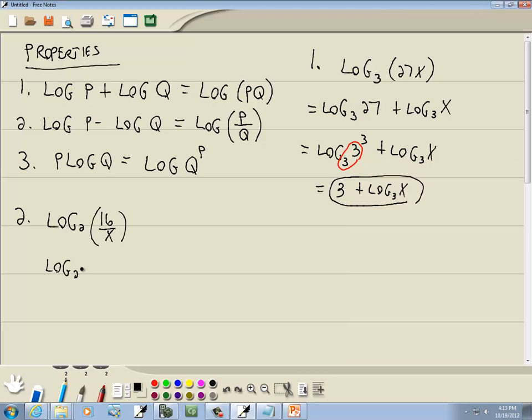So this becomes log of 16 minus log of x. We do have a number, and our base is 2, so we try to rewrite 16 as 2 to a power, and it becomes 2 to the 4th power. Again, if the 2's match here, then the log and the 2 are going to cancel, and you're left with the exponent. So 4 minus log of x.